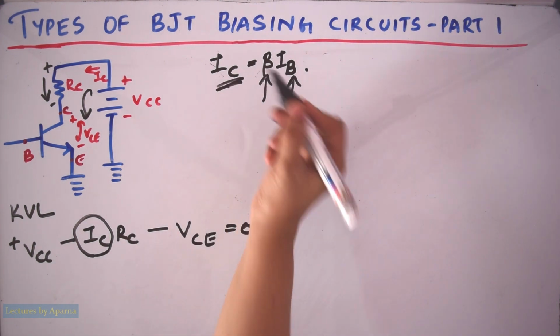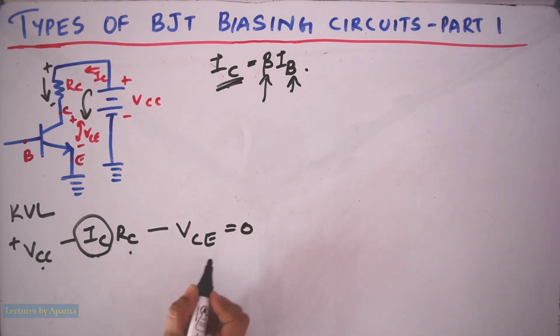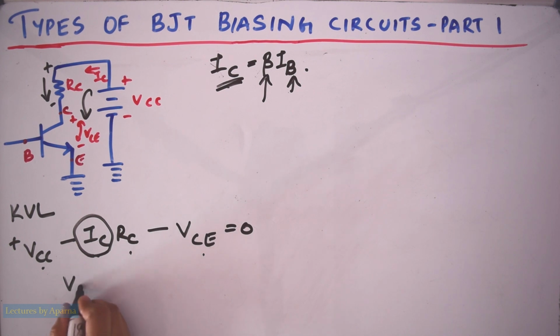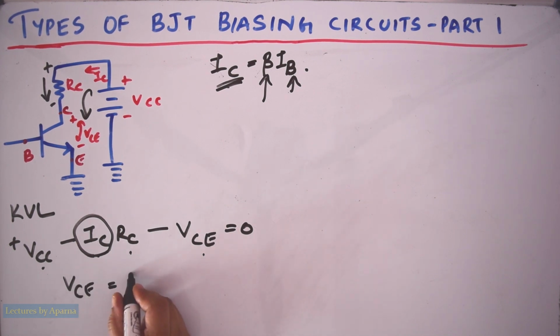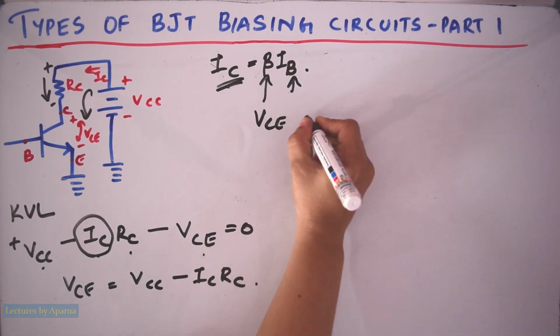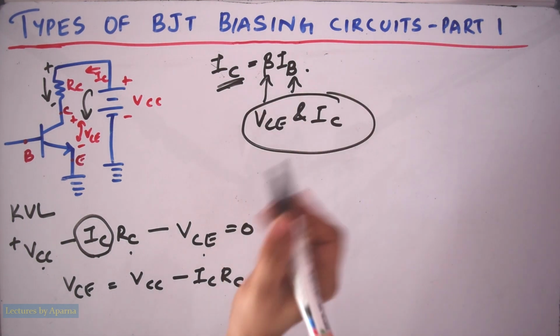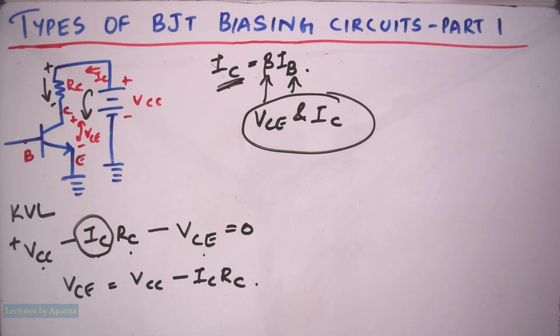Now if you know IC, VCC and RC, you can find VCE. So VCE is equal to VCC minus ICRC. Thus you got the value of VCE and IC, which will define the operating point for an amplifier.